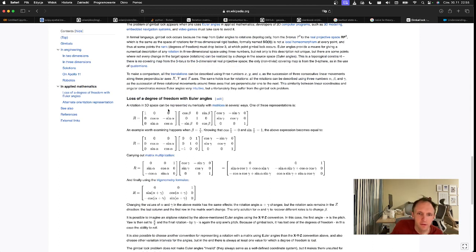Rotation in 3D space can be represented numerically with matrices. Okay, this is this. Multiply it.